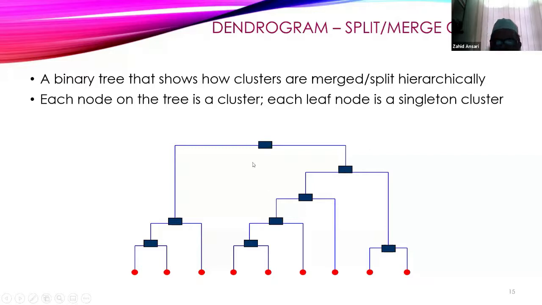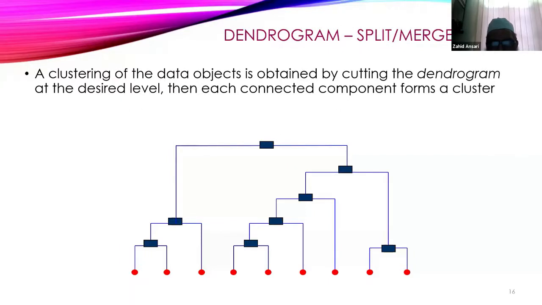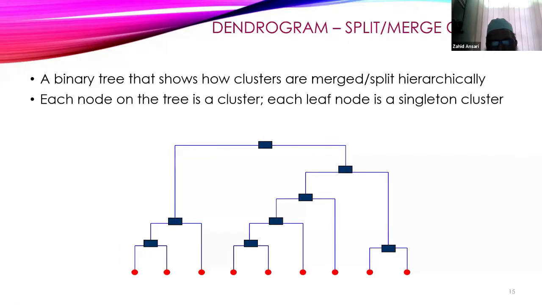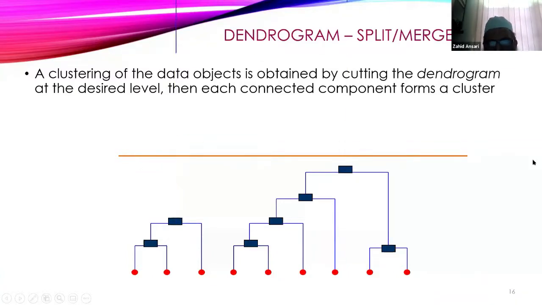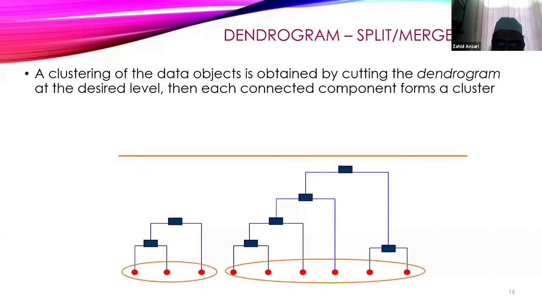Now let's see how we will split it. Let's say we cut this dendrogram at this particular level. After we cut it, what will happen? We get two trees, right? One is this cluster, which consists of these leaves. So we get two clusters over here.